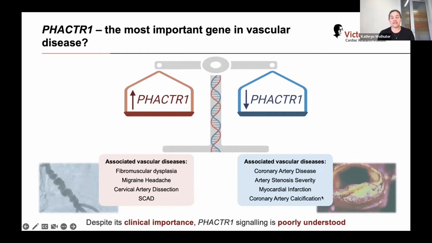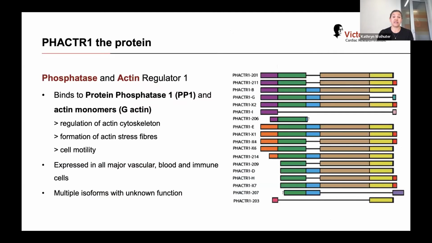But despite the clinical importance of factor 1, the way that it signals within the vasculature is poorly understood. And what we do know is that the factor 1 gene encodes for the phosphatase and actin regulator 1 protein. And on the surface, it kind of does what it says on the tin. It binds to protein phosphatase 1 and targets it to substrates to regulate phosphosignaling.